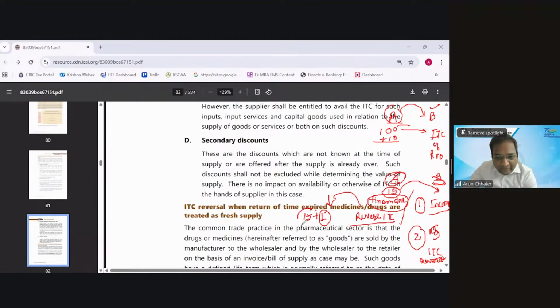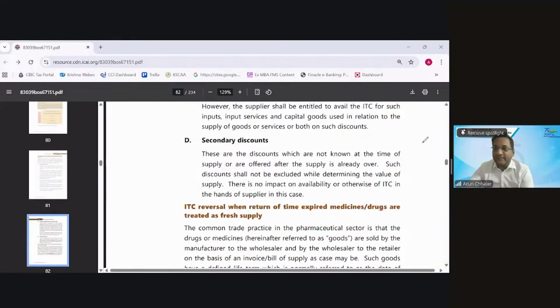If he is giving the financial or commercial credit note of rupees 15, then no reversal of ITC is required. Why will the 180 days clause not be applicable? Just the last point I'm asking.